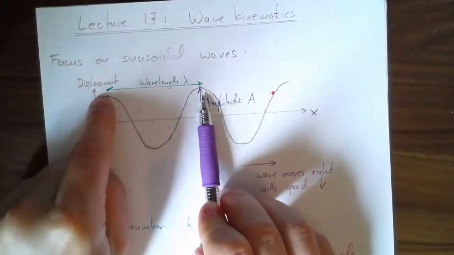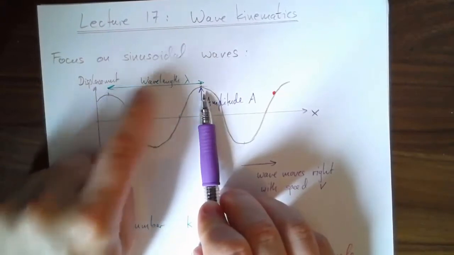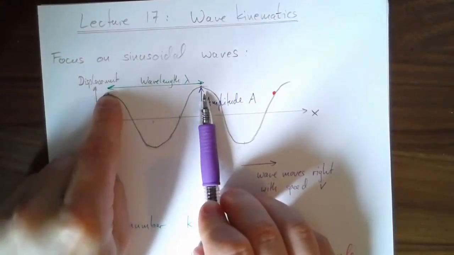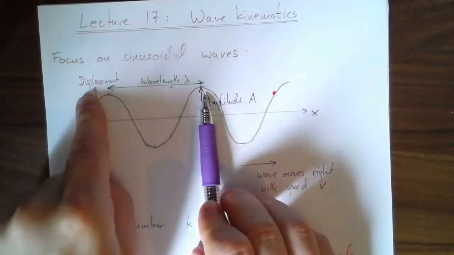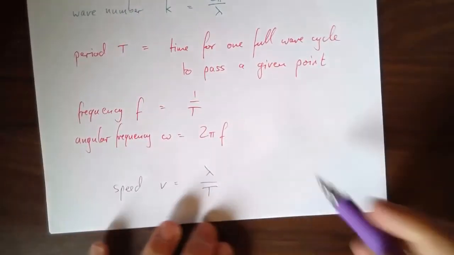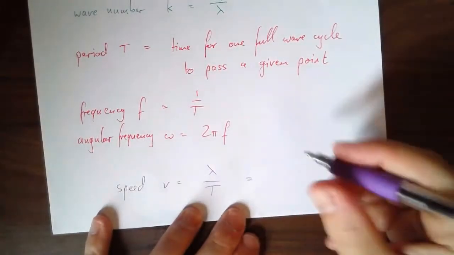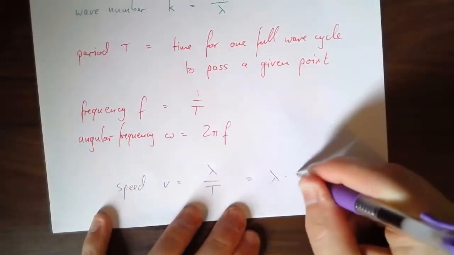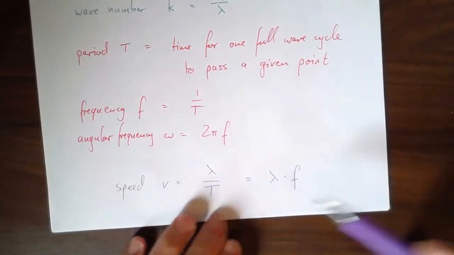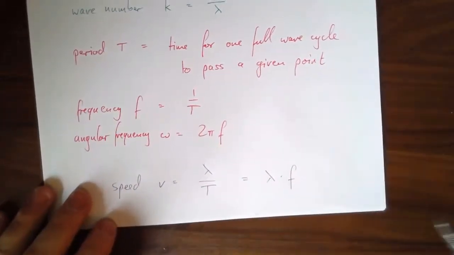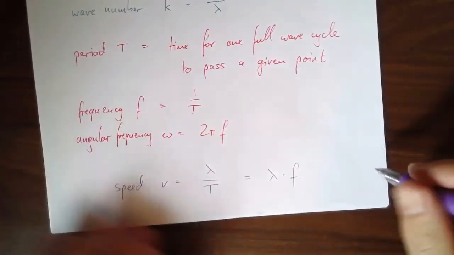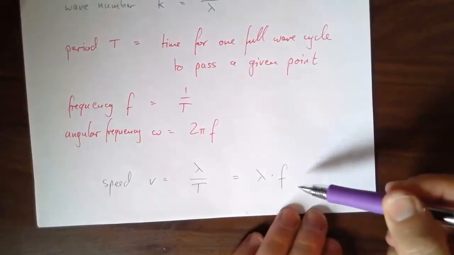The distance this starts off being away is one wavelength by definition. So the speed is one wavelength per period, right? So lambda over T, and of course I can rewrite that as lambda times the frequency. And this relationship is very important. We're going to need this one a lot.